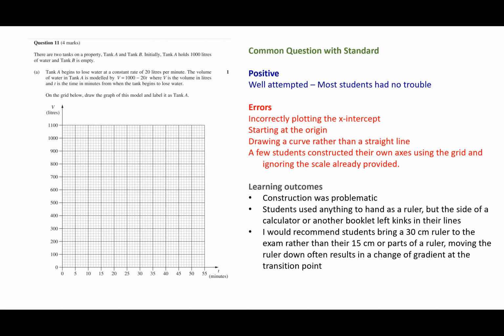And a few students really only looked at the grid itself and constructed their own graph on that grid, ignoring the scale already provided. So I think the key takeaway from this one is the constructions could be problematic.